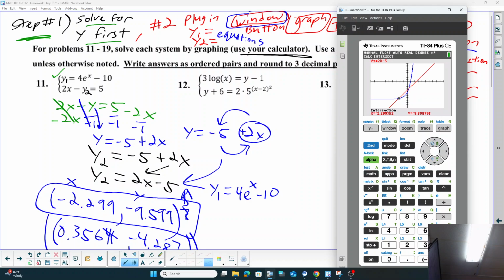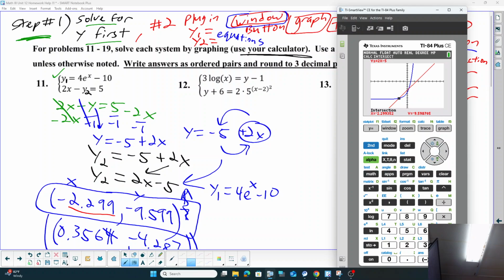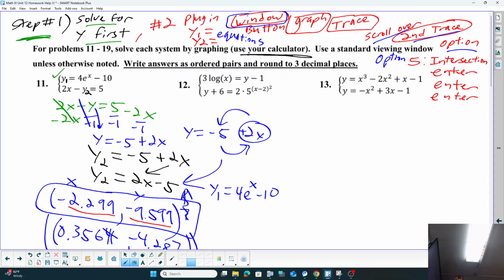So we get negative 2.299, which is this guy right here. And then we also got negative 9.599, which rounded up from an 8 up to a 9.